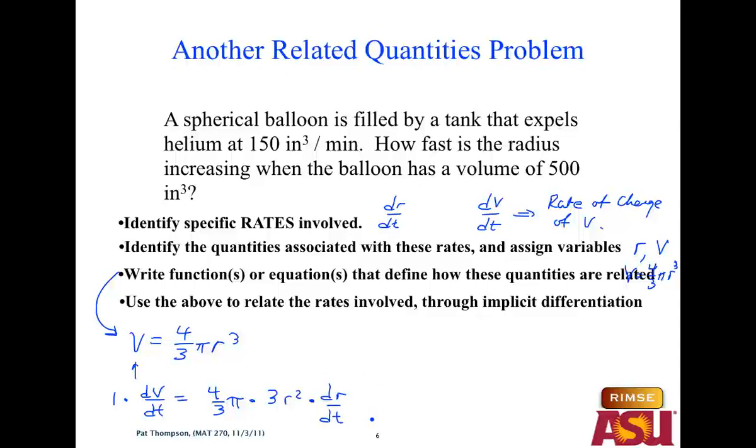This was the goal of the whole thing. This is the centerpiece of this problem, the equation that relates the rates. Where did it come from? The equation that related the associated quantities.